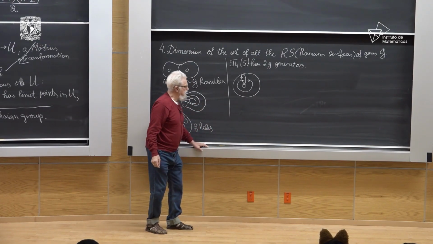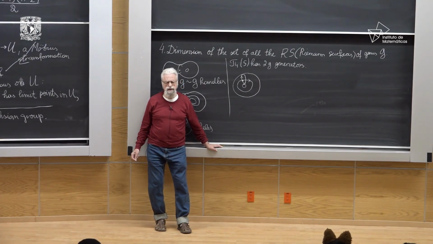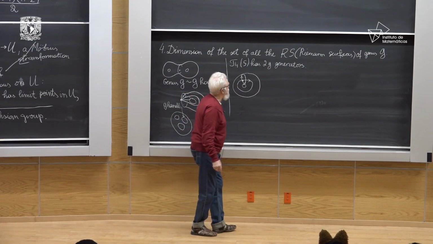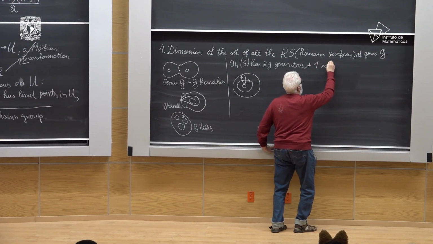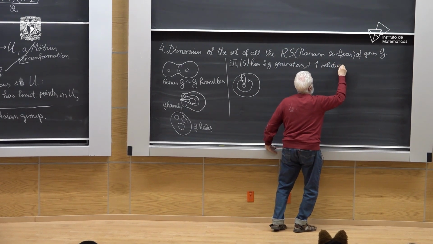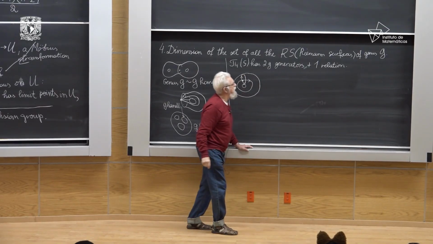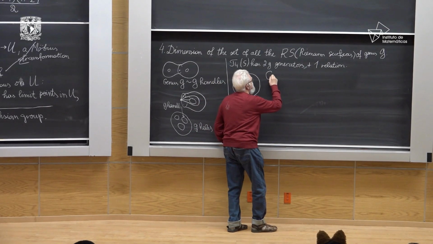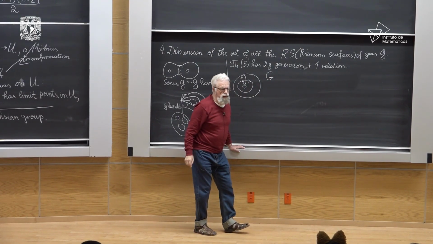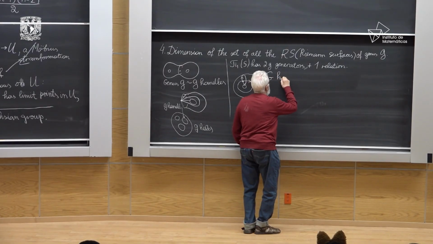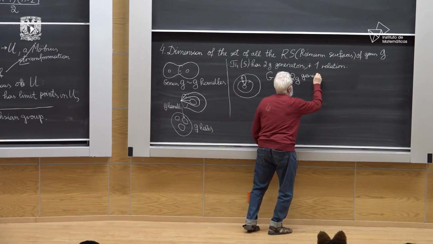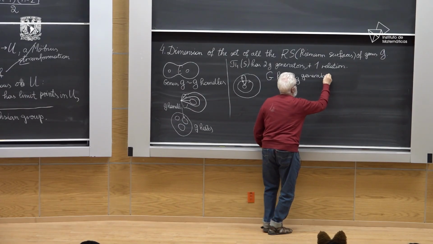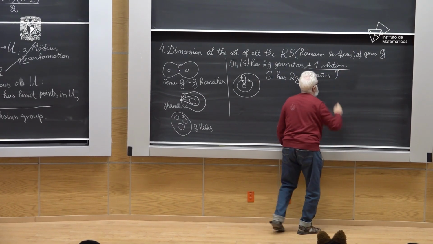And in case of general G, you have an analogous relation on the generators discovered also by Riemann, and so the group also has 2G generators, plus one relation.